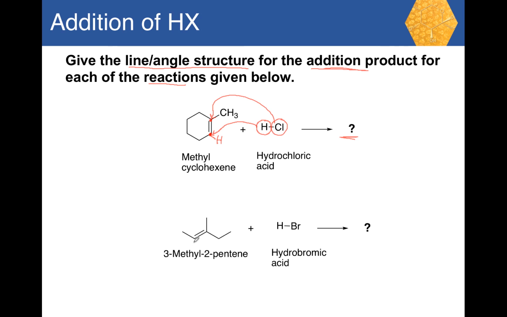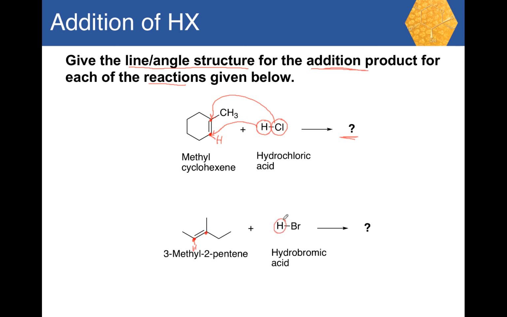Here is another example. Here's a double bond, and here are the carbons of the double bond. As written, line angle, this has one hydrogen, so therefore this has more hydrogen, even though it's one, compared to this carbon which has none.